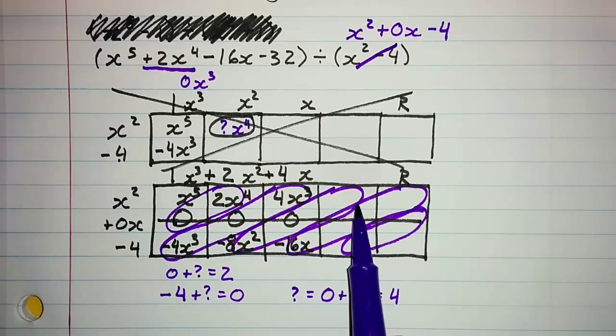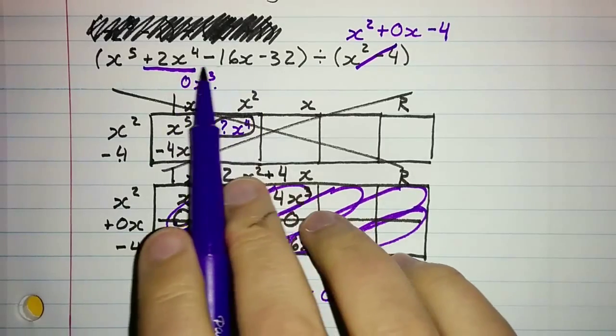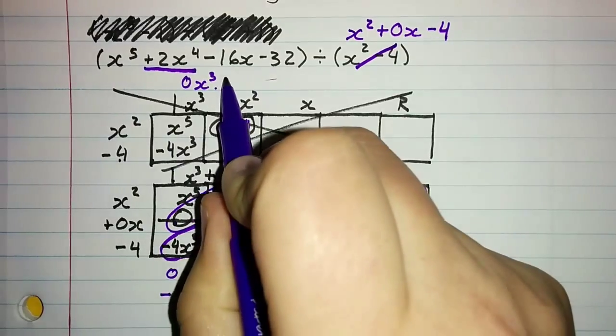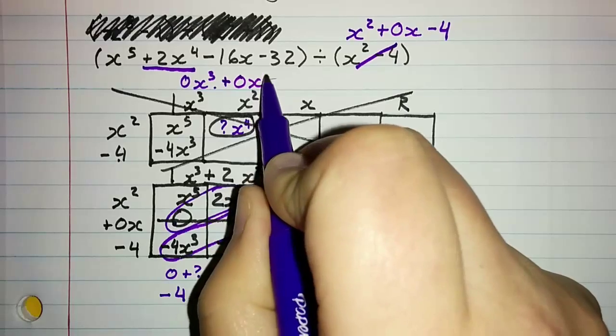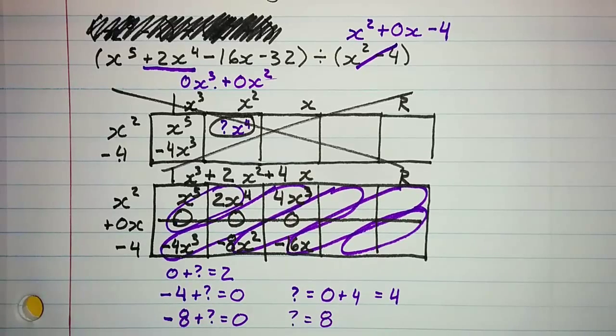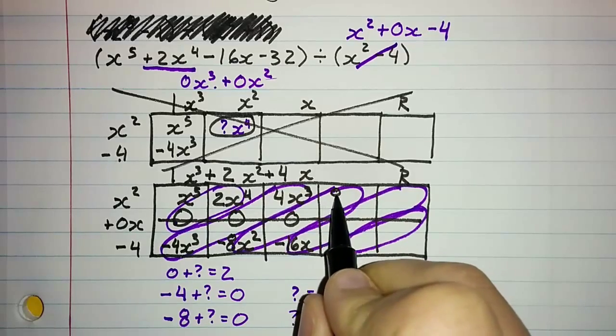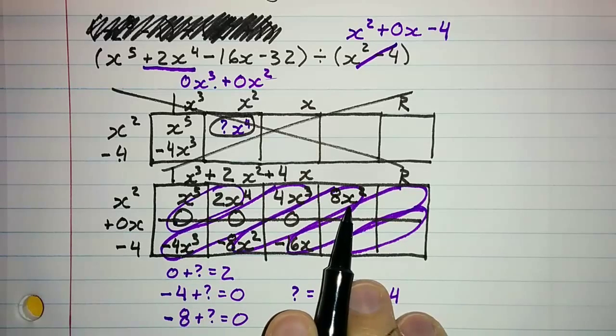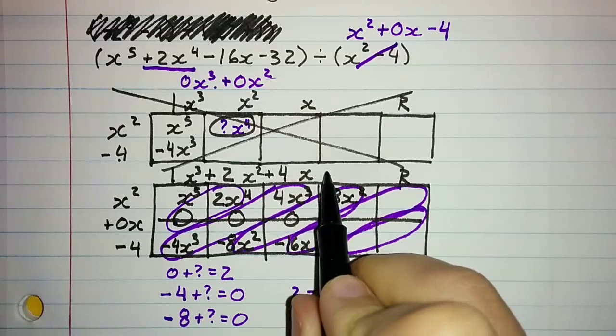Here's my x squared diagonal. Oh, I don't see an x squared term here either. Must be 0x squared. So my total coefficient here has to be 0. Negative 8 plus what gives me 0? Well, it's going to have to be positive 8. So I'll have 8x squared here. X squared times what gives me 8x squared?